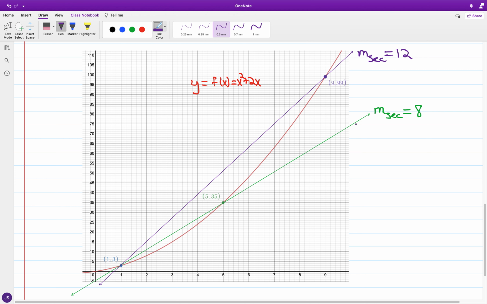And as x expands continuously, the average rate of change also goes up continuously. If x gets so large, it's almost as if the average rate of change is tending to infinity. So this is just a sample of average rate of change of a function between an initial point and final destination.